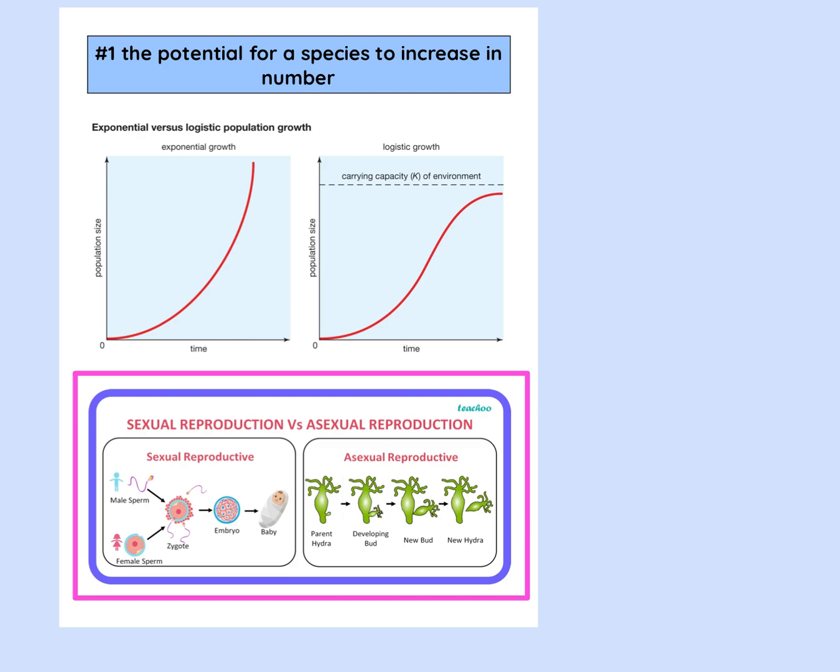And that it can happen really fast because there's not a need for another organism to mate with. Compared to sexual reproduction, can be a longer process, and it also leads to much more variation. So again, this is something we're going to get into in more detail later on this year, but based on reproduction and depending on the type of organism, we see that there's potential for a species to increase in number.